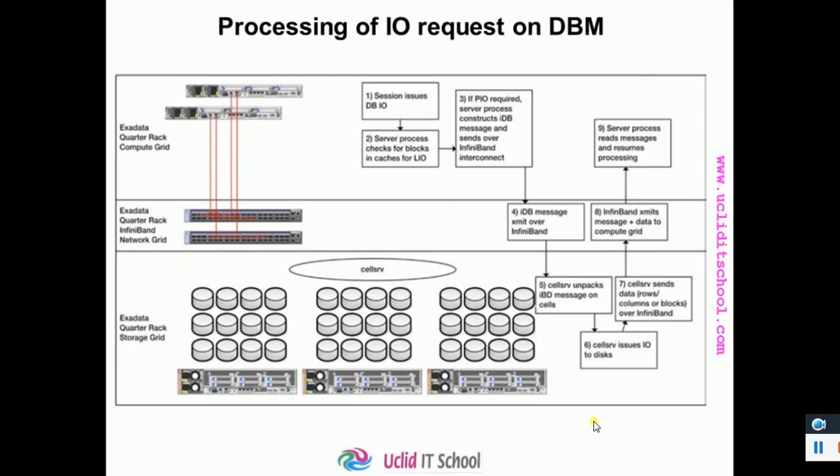If the blocks are not present in the database buffer cache, physical IO is required. The server process constructs something called an IDB message. On Exadata, the communication protocol is the IDB protocol, so any communication to the storage server happens in the form of an IDB message.